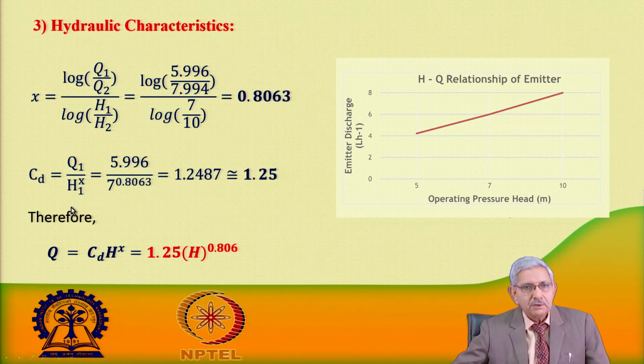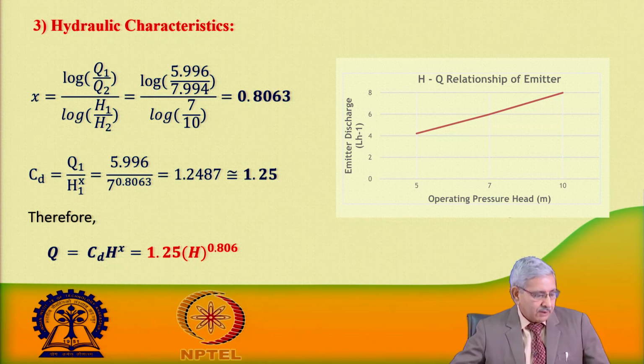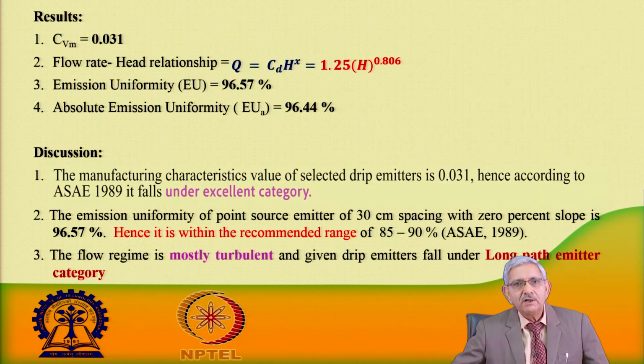So, the established equation, as I told you, is that q is a function of operating pressure: q equal to C D h to the power x. So C D is 1.25 and h is to the power 0.806. This is the equation.